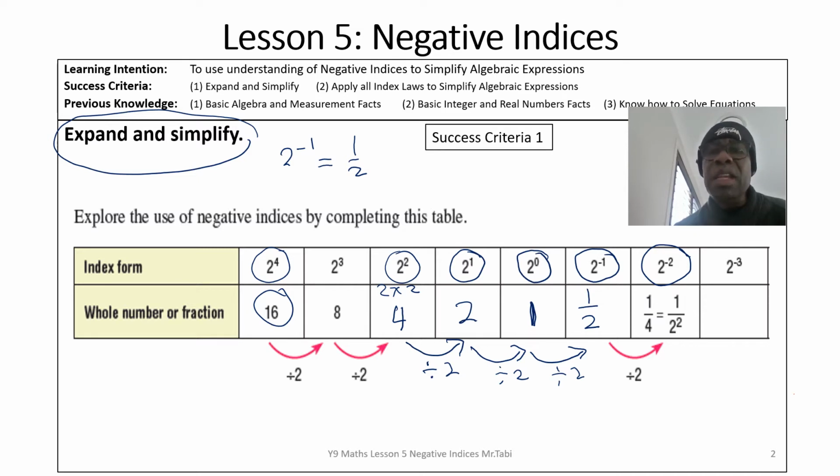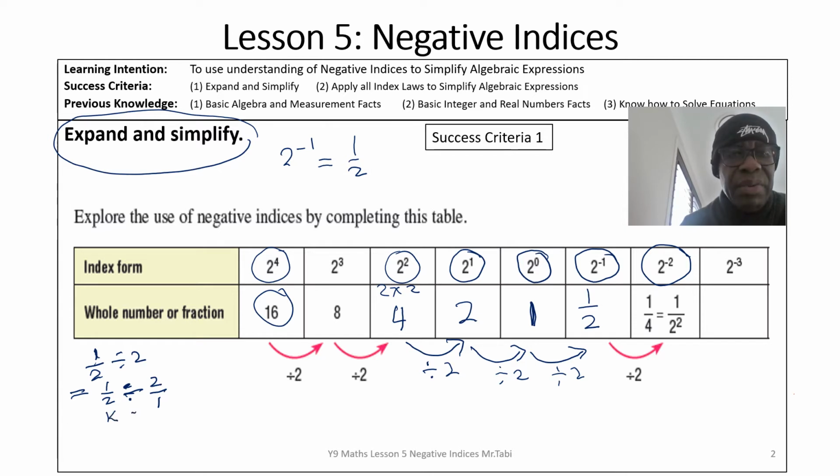How do we know 1 half divided by 2 gives us a quarter? Well, that's why we did a warm-up today. So you have half divided by 2. So this is the same as half divided by 2 over 1.